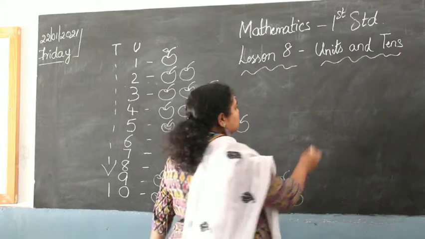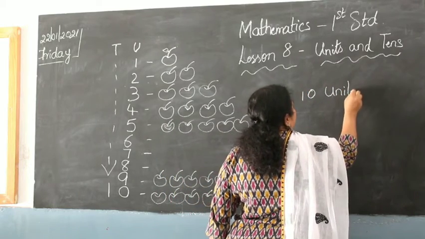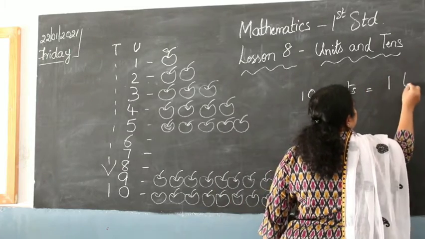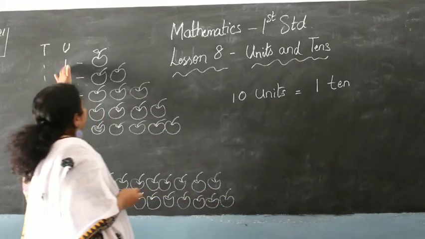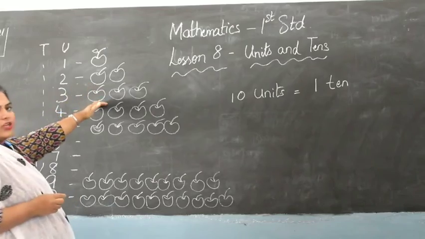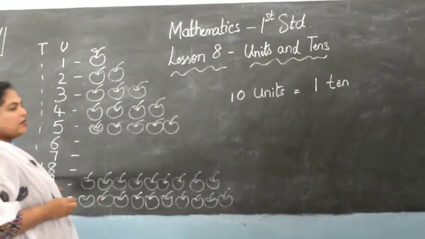So 10 units is equal to 1 ten. Okay. So till here 1 apple is 1 unit, 2 apples are 2 units, 3 apples are 3 units, and it goes on till 9 apples are 9 units.